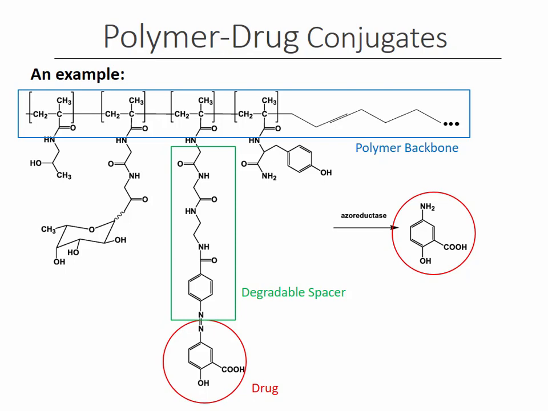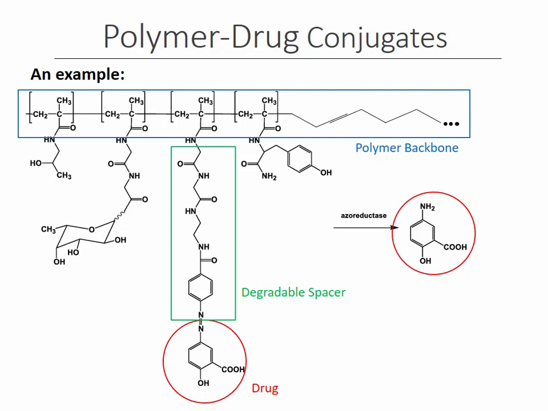All right, so we got an example up here. You don't got to worry too much about what exactly this is. I'm not even fully sure. But importantly, it does have all the features of a polymer drug conjugate. We got the polymer backbone, which I extended with some lines here to show it can go on and on. We have a degradable spacer. This moves the drug a little bit away from that backbone.